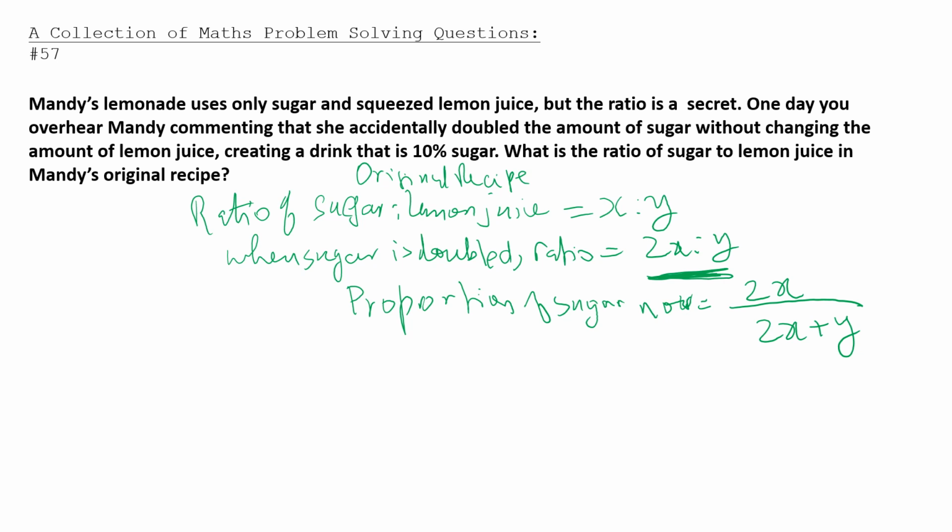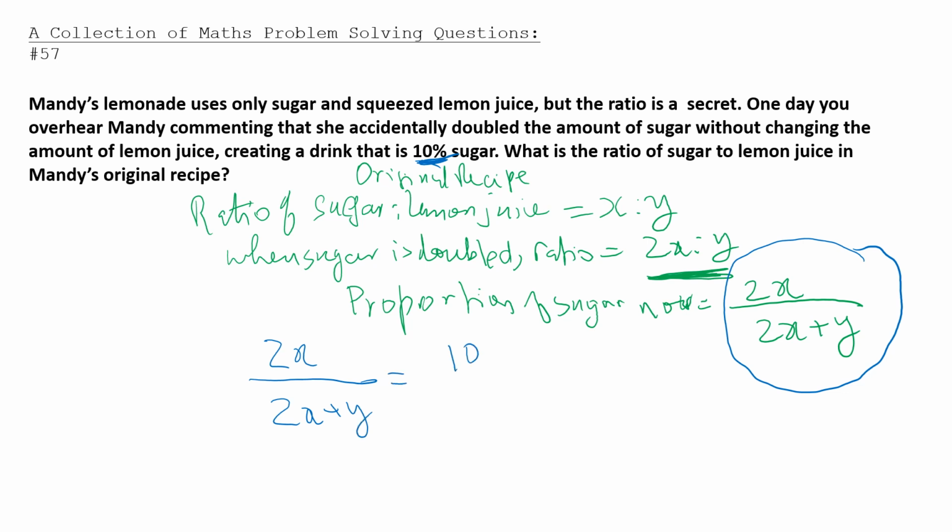So now what we can say is that this part equals 10%. So we can write 2x divided by 2x plus y equals 10 out of 100, and that equals 1 out of 10.